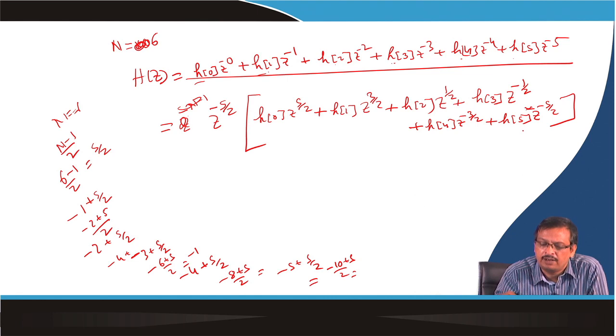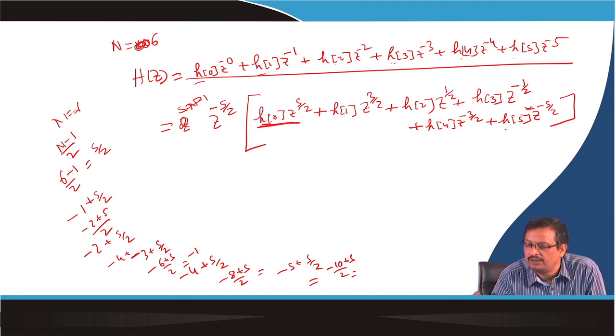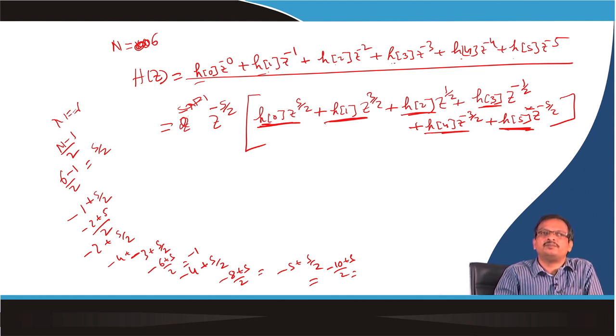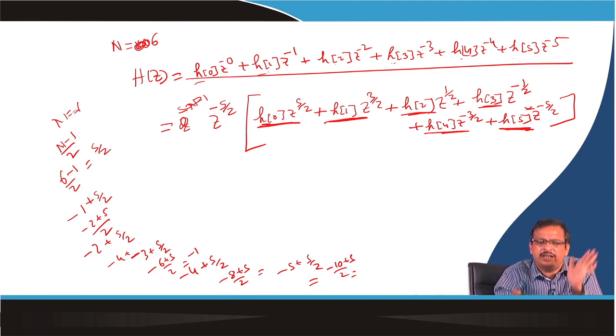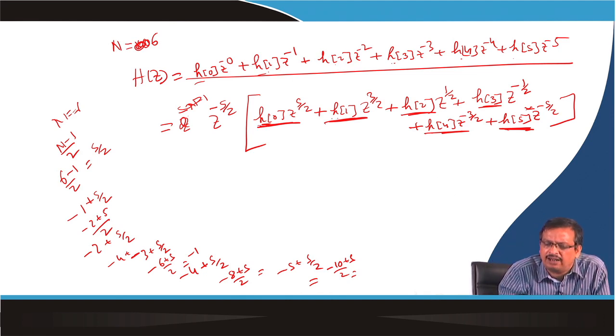If you see this component matching with this component, this is matching with this component. So I can say, instead of writing n equal to 0 to n minus 1, I can say 0 to n by 2 minus 1. So those are clubbed together.